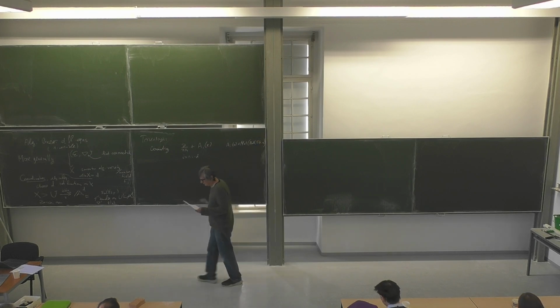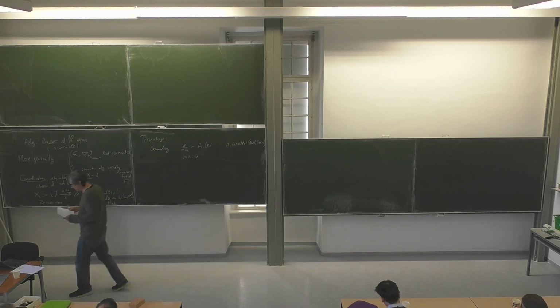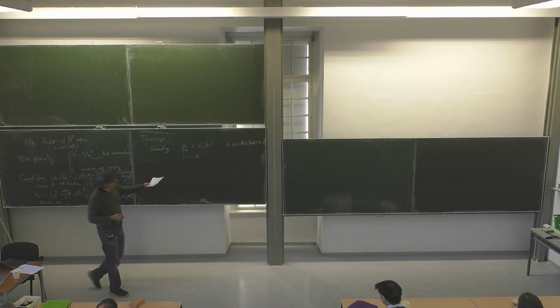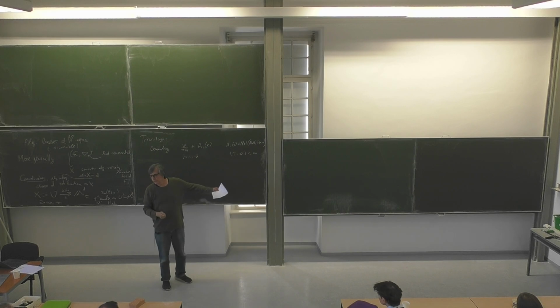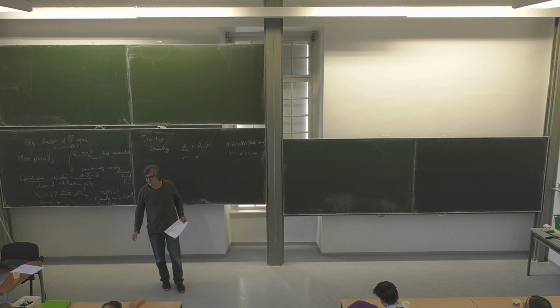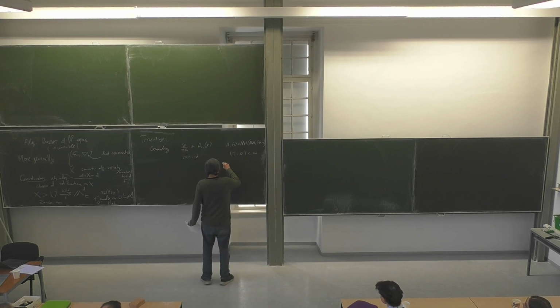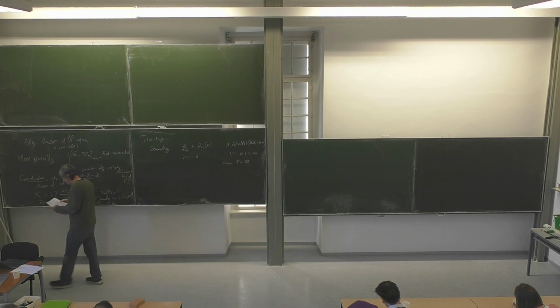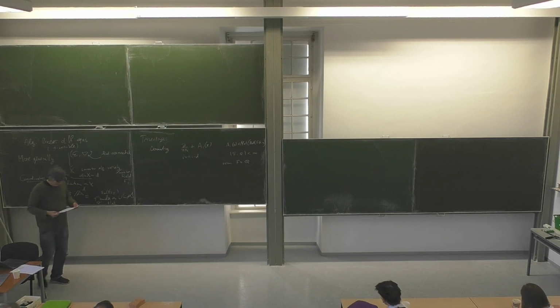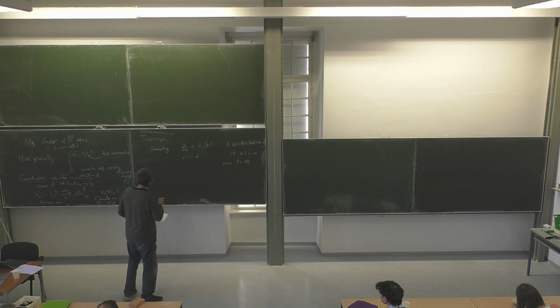And finally, you have this number field. A number field has finite degree over the rational numbers. You choose a basis of your number field and consider the matrices with rational coefficients. So eventually we can assume this is Q. You get rational functions, rational coefficients, and these things commute.